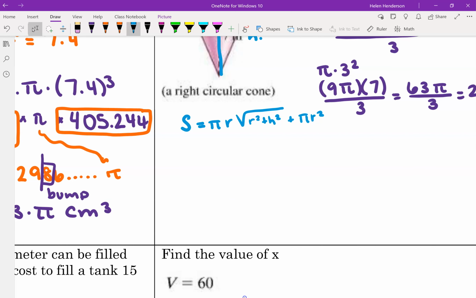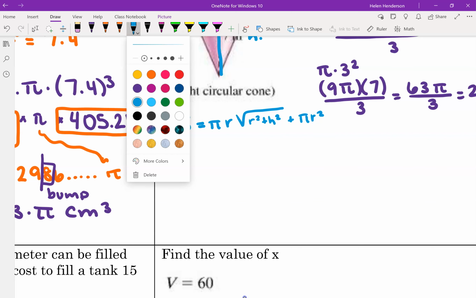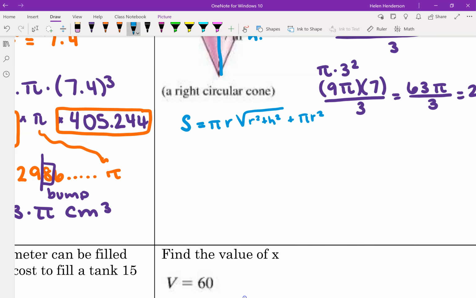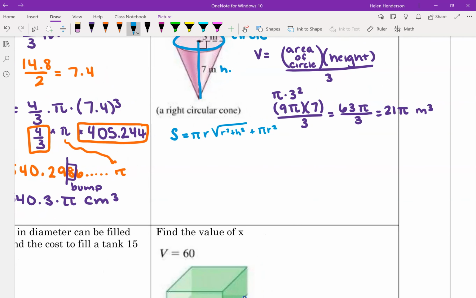So here, my r is 3 meters. H is 7 meters. Oops, I wrote H instead of 7. Okay. And then r squared.